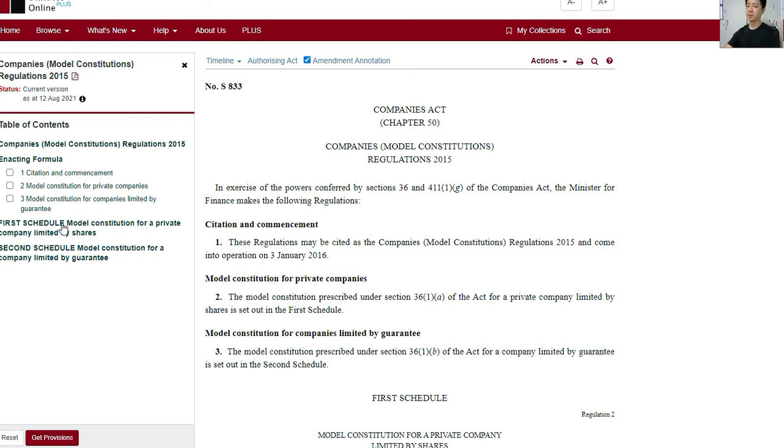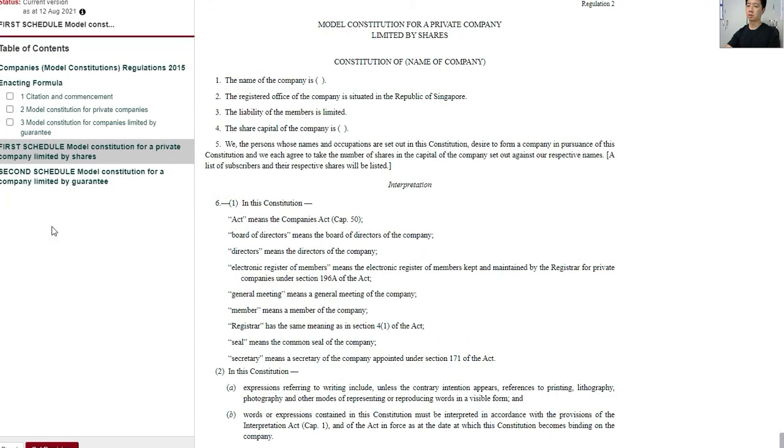So the first schedule is the Model Constitution for a private company limited by shares, which is this one. Okay, so the second one, the Model Constitution of a company limited by guarantee, that company doesn't have shares. The normal private limited company that most businesses set up is this private company limited by shares. This company limited by guarantee is mainly for non-profit organizations.